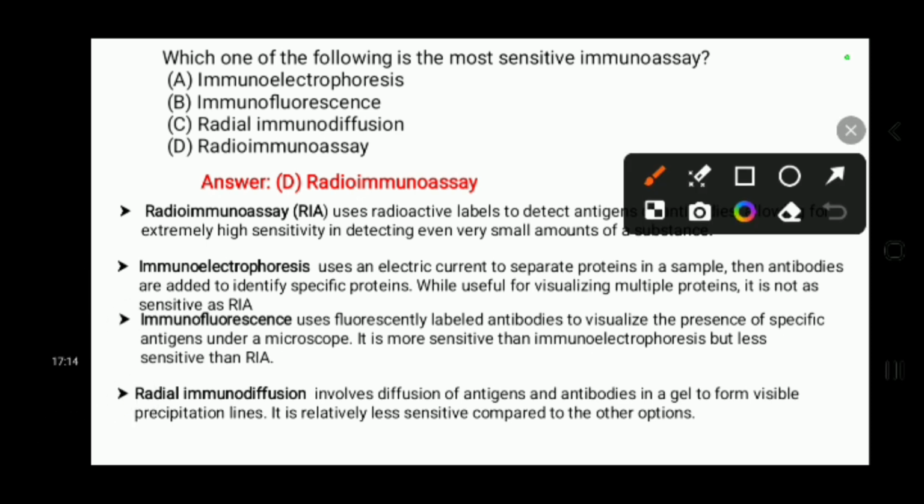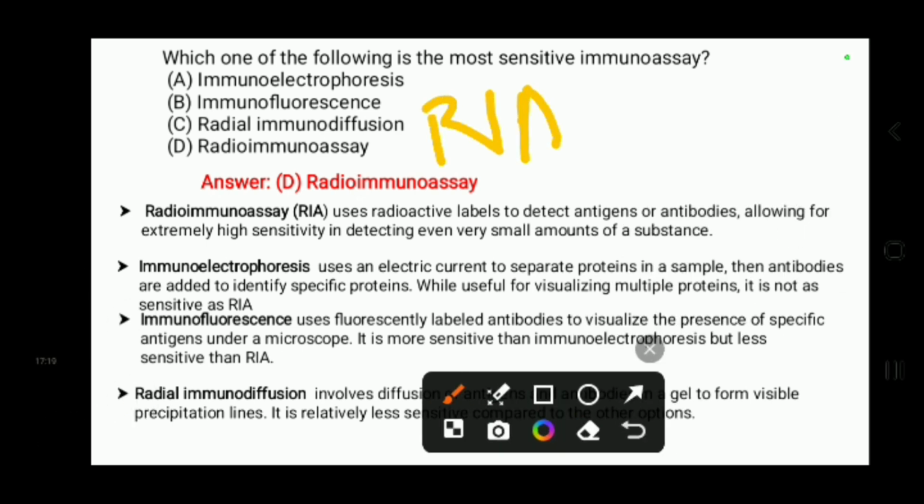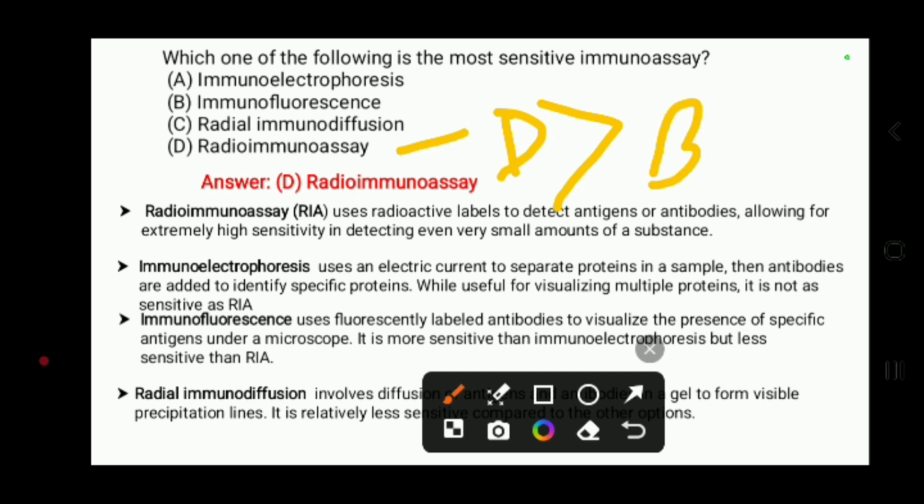So on the basis of sensitivity, the highest sensitivity is RIA, that is option D, radioimmunoassay, followed by option B, immunofluorescence, followed by option A, immunoelectrophoresis, followed by option C, radial immunodiffusion.